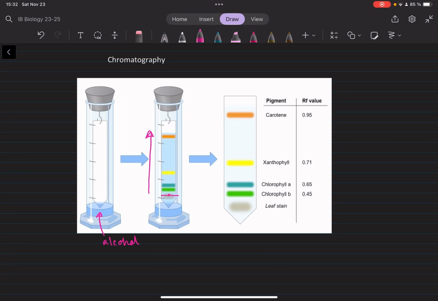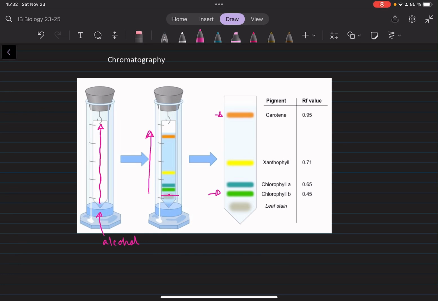Then the solvent will trickle upward, and depending on how much the pigment dissolves in that solvent, it will move higher. So obviously carotene in this case dissolves way more in the solvent than chlorophyll B does.